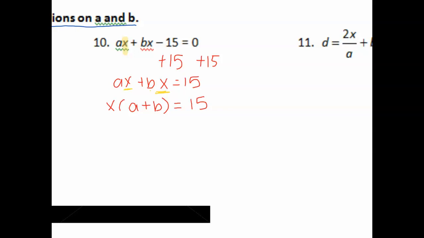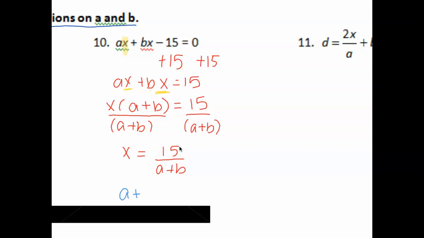So X is being multiplied by A plus B. So to get X by itself, we're going to divide by A plus B. So I get X equals 15 over A plus B. And just like before, we cannot divide by 0. So A plus B now does not equal 0.